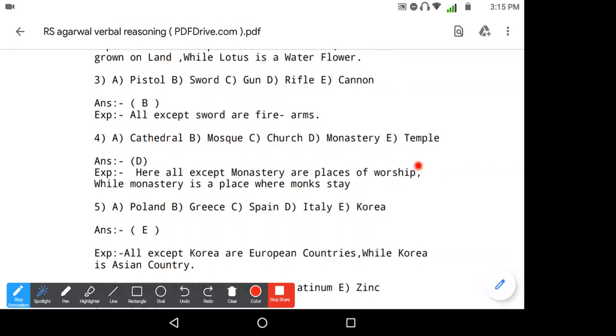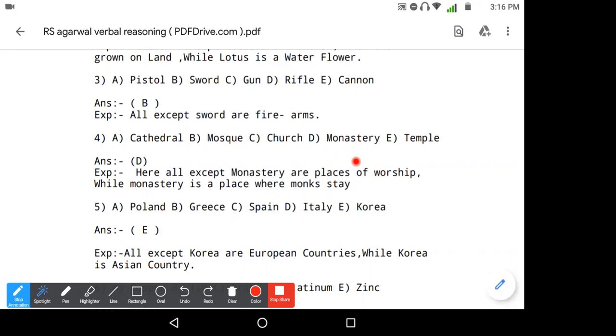Temple is also a place of worship. But monastery is the place where the monks will stay. Now in the Indian language you call it matha. That is monastery. So monastery is a place where monks will stay. So except monastery, the rest are all places of worship.